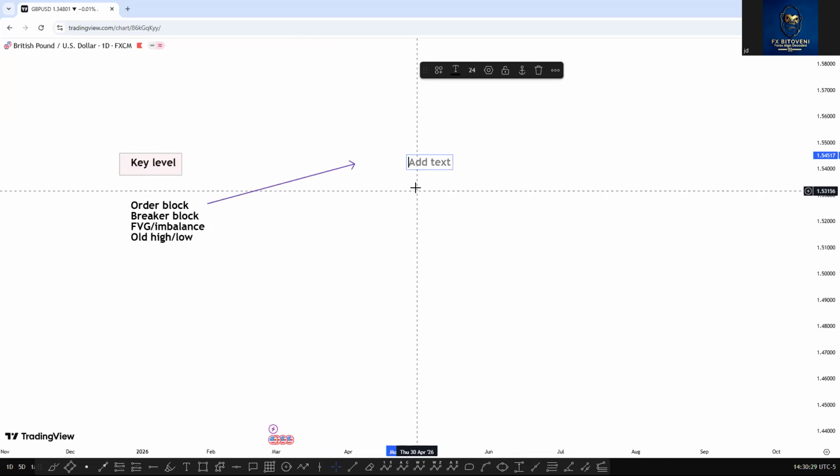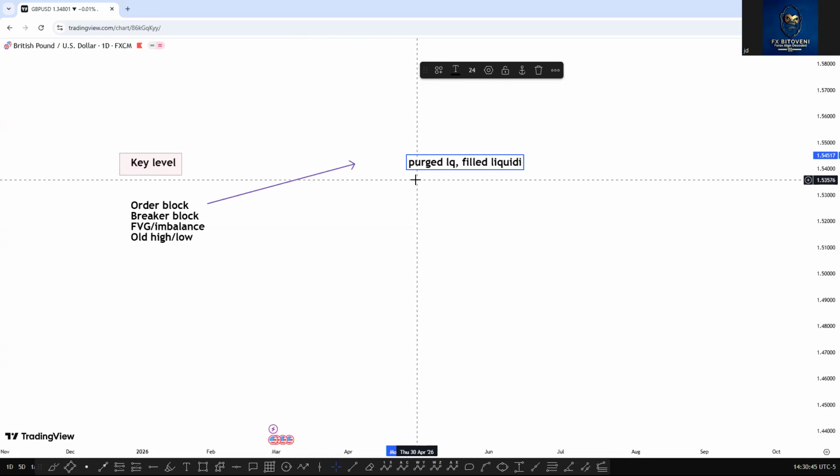And the one that tested, patched liquidity, filled the liquidity, or test existing OB.